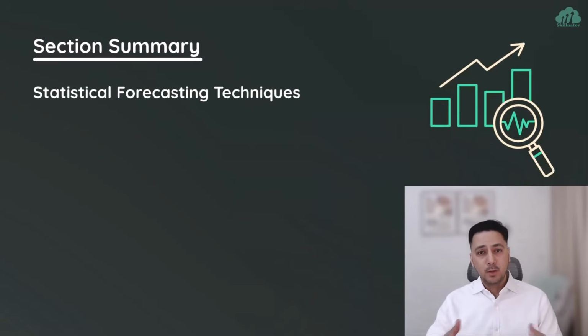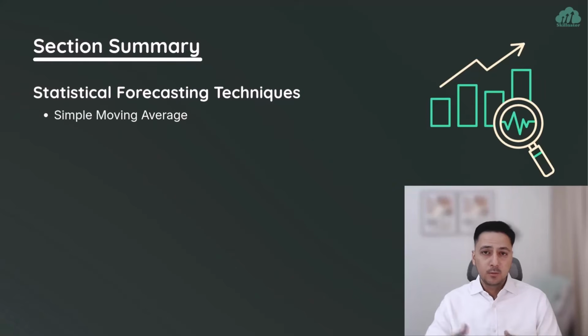In this section, we covered a range of forecasting techniques, each with a different purpose and assumptions. Let's quickly recap what we've learned. We started with simple moving averages, which smooth historical demand and work well when the demand is relatively stable, but do not handle trend or seasonality very well. We then moved to time series forecasting, which builds on the historical demand but also takes into account trend and seasonality.